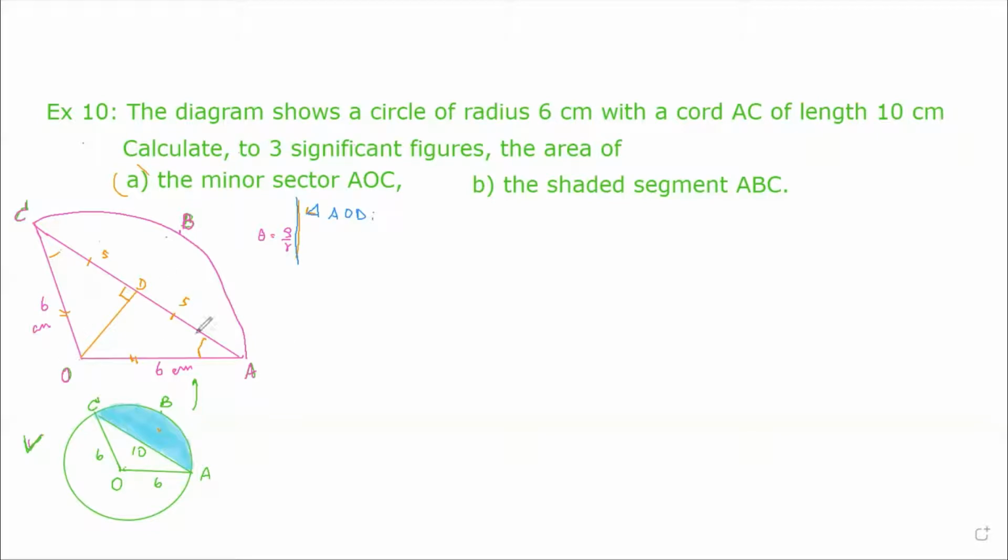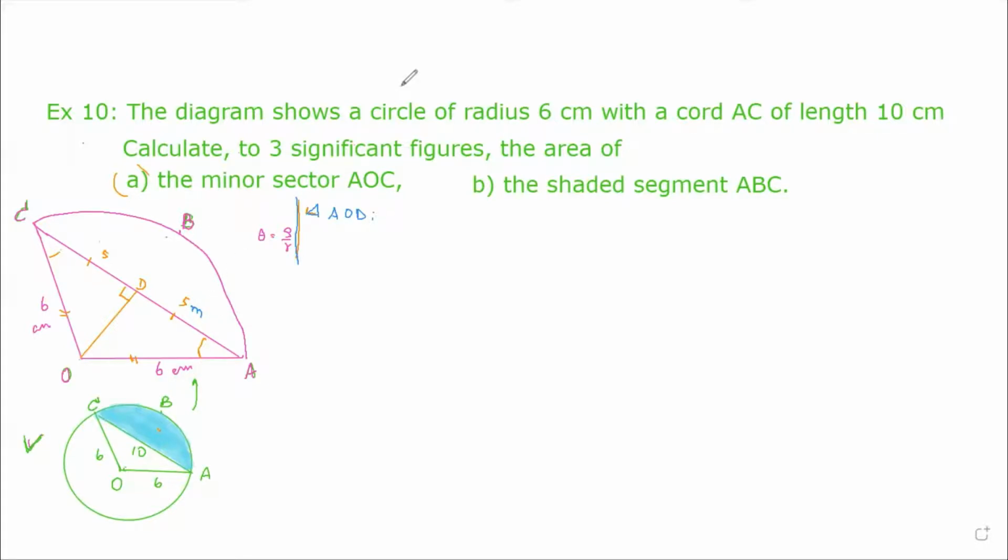If I want to use the trigonometry ratio, can I use the cosine? Because we know this side, correct? We know AD, we know AO. So I can use trigonometry ratio, either sine, cosine, or tan. But if I want to use two sides here, because I know it equals 5 centimeter here and 6 centimeter here, right?